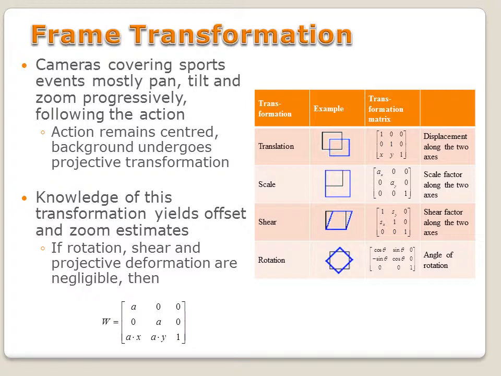On the right-hand side, you can see the transformation matrix that is obtained using four usual affine transformations: the translation, the scale change, the shear, and the rotation. Now, if we can assume that the rotation, shear, and projective transformation are negligible, then the transformation matrix has this form.